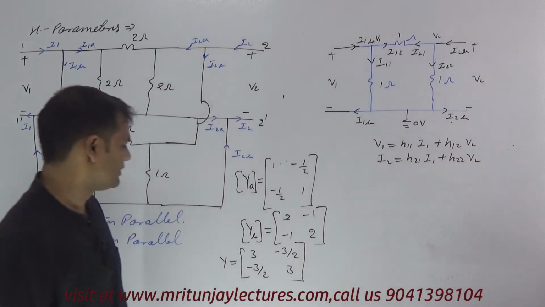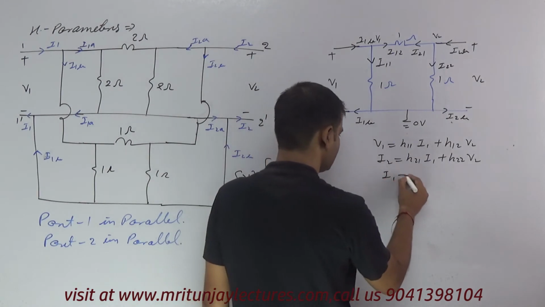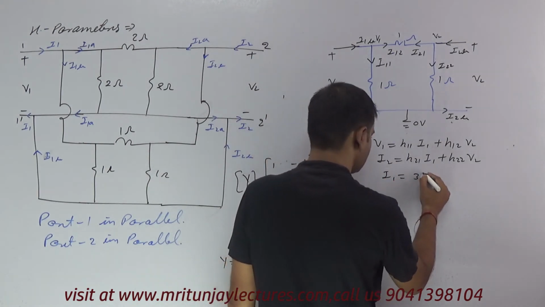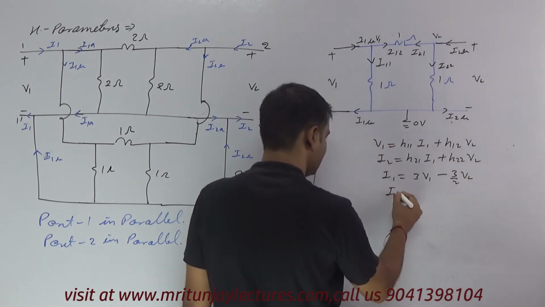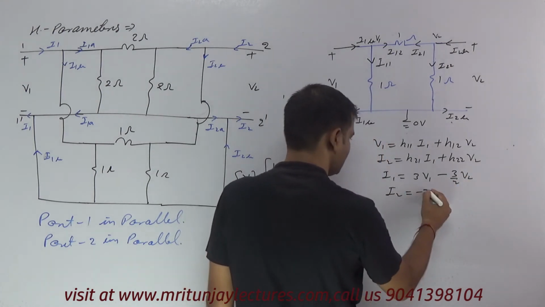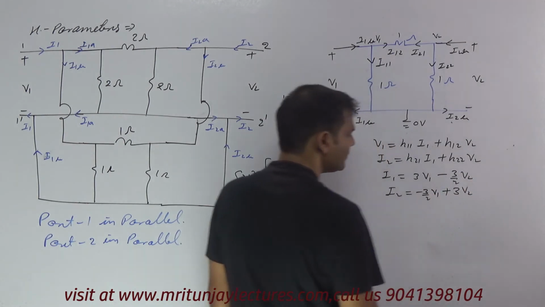Okay, and what about this one? This one is written as I1 is equal to 3 into V1 minus 3 by 2 into V2, and I2 is written as minus 3 by 2 V1 plus 3 V2.